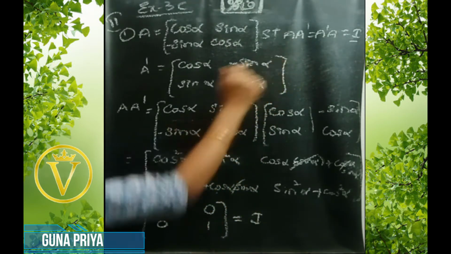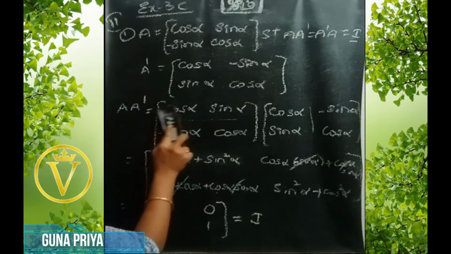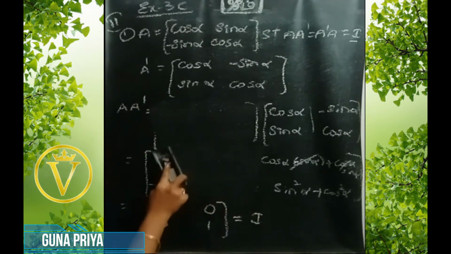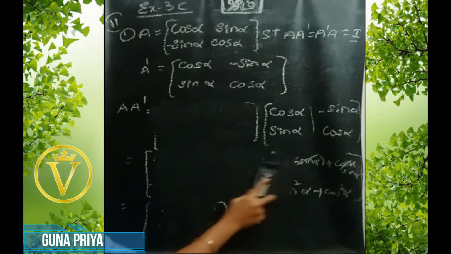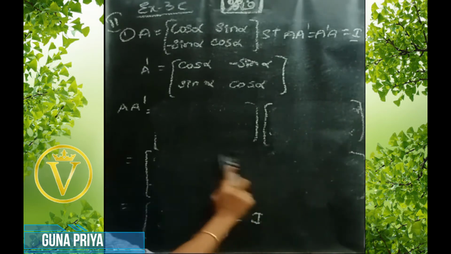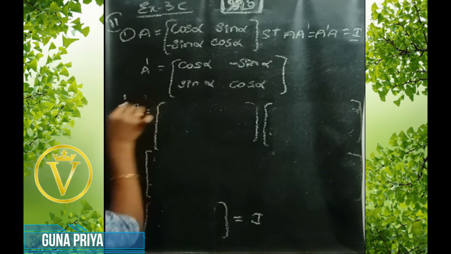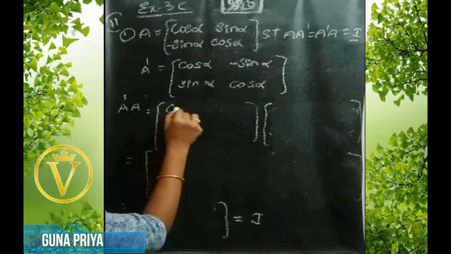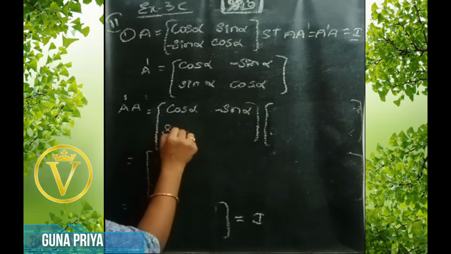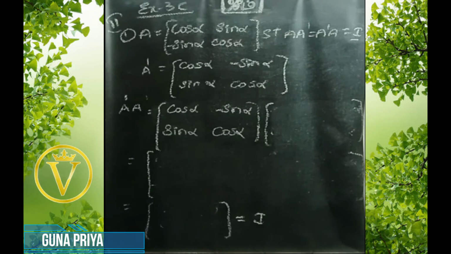Next we will go for A transpose A. I will just change the values here. A transpose is cos alpha, minus sin alpha, sin alpha, cos alpha.